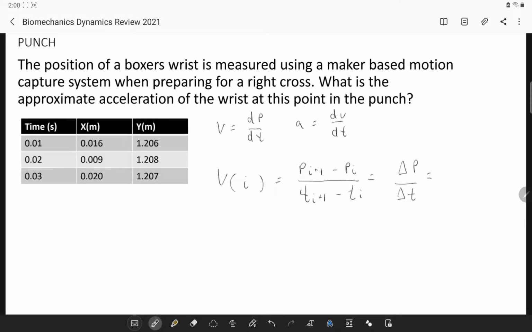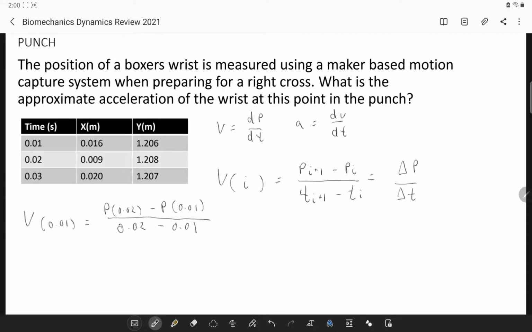Let's do this in a new row. So our velocity at 0.01 seconds is going to be our position at 0.02 seconds minus our position at 0.01 seconds, divided by our time at 0.02 seconds minus 0.01.